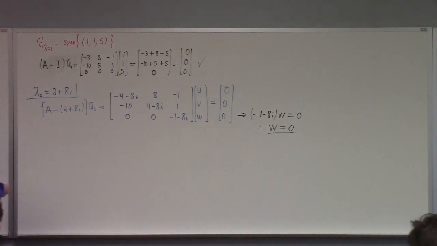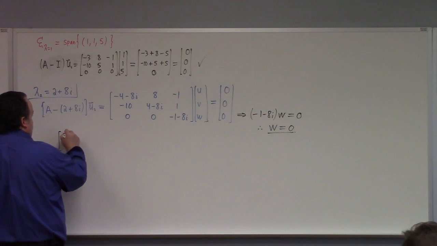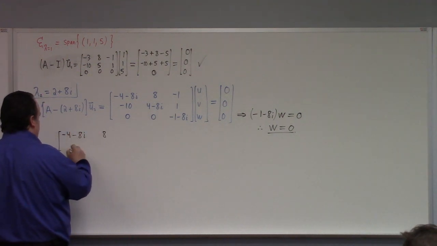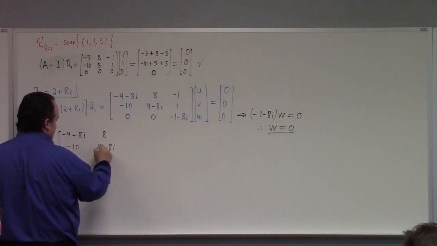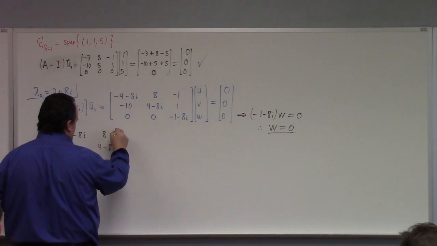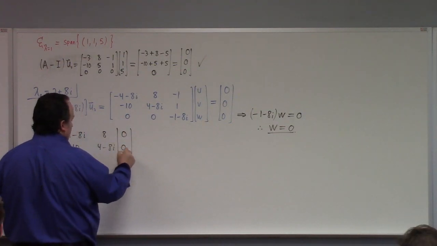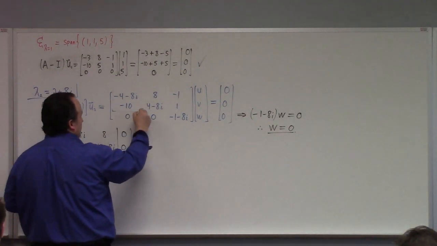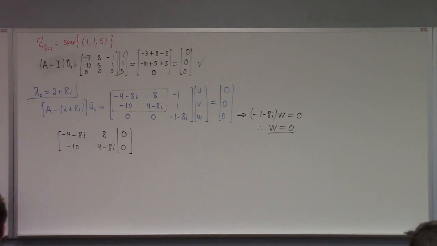Because what we're really up against is minus 4 minus 8i, 8, and minus 10, 4 minus 8i, 0, 0, because that's what I get from just looking at this. And that's reasonable because we know W is equal to 0 for this system.